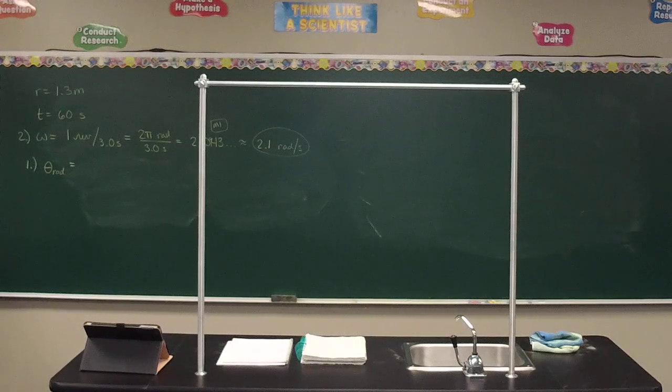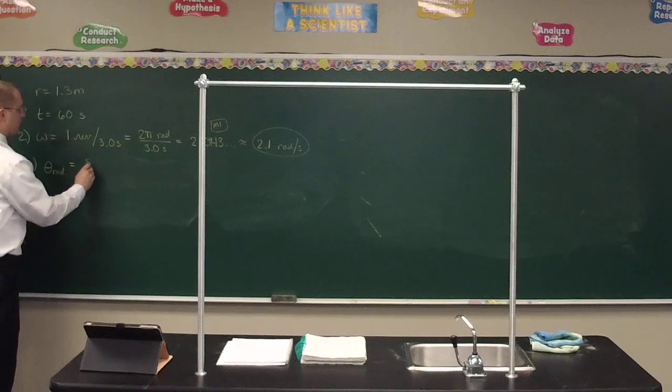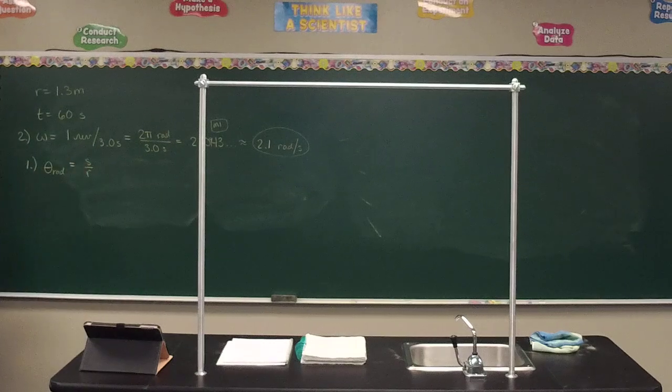Call out ideas. S over R. Okay, S over R is an option. Do I know the S? No. But it would have worked if I'd known those 2 numbers.